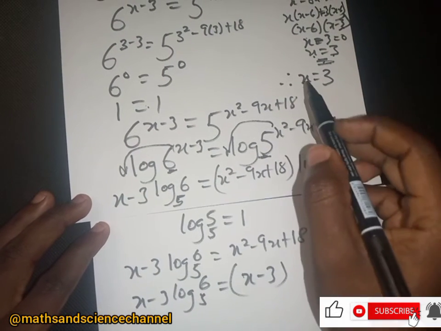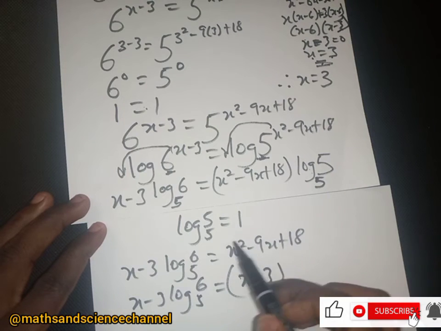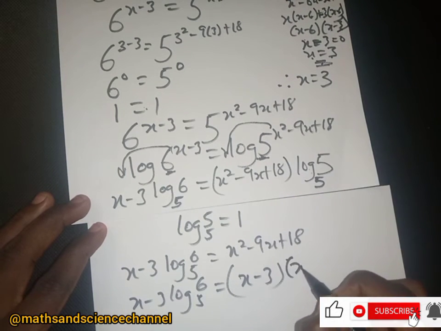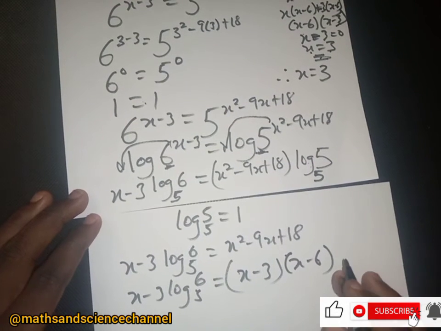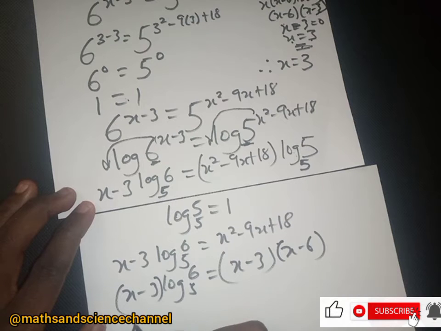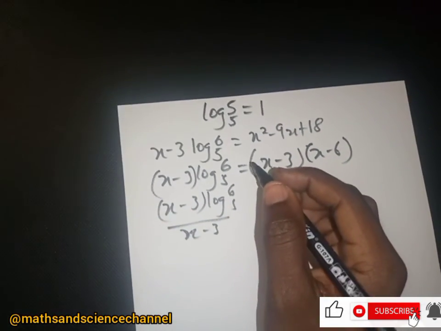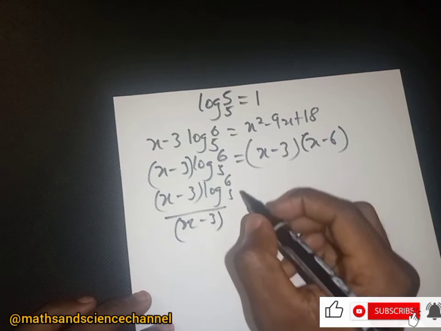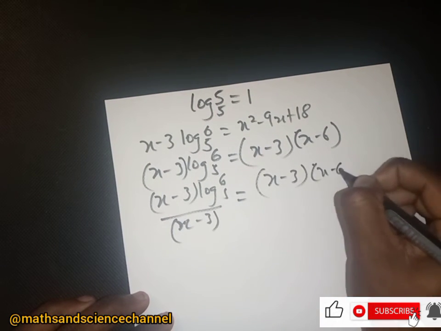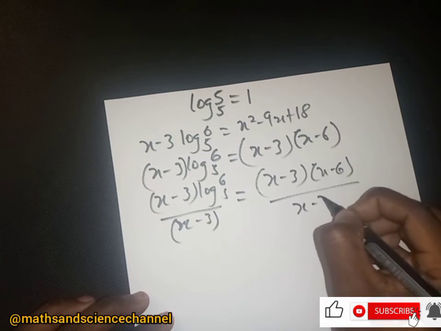We have established that all of this is just x minus 3 and x minus 6. Now remember, we also have x minus 3 here, so we realize that x minus 3 times the log of 6 base 5 divided by x minus 3 is equal to x minus 3 times x minus 6 divided by x minus 3.